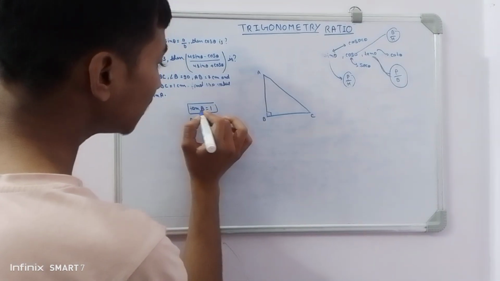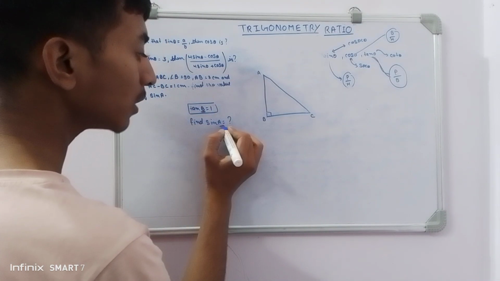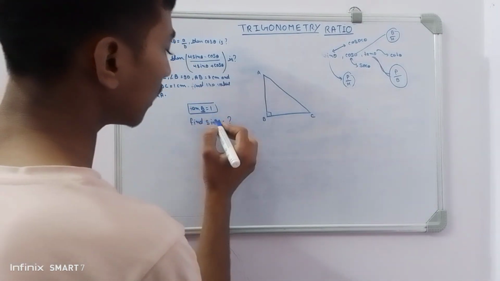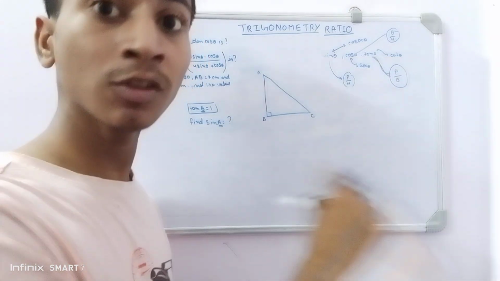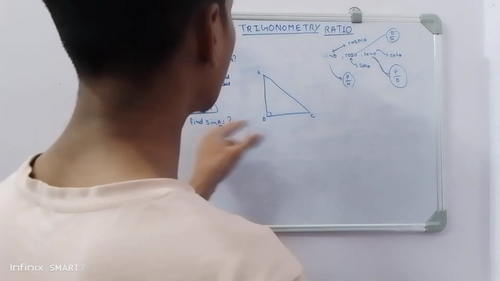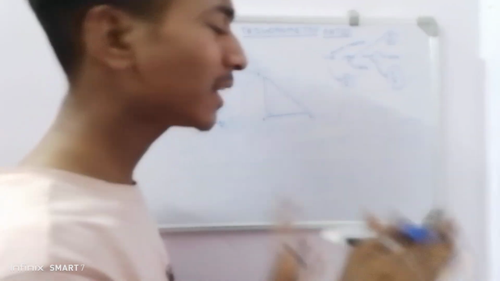As you can see, I am giving you tan of B, but I am asking about sine of A. So this seems to be very confusing. But you just have to decode the meaning of tan and apply it to this triangle, and then you will get to the answer.